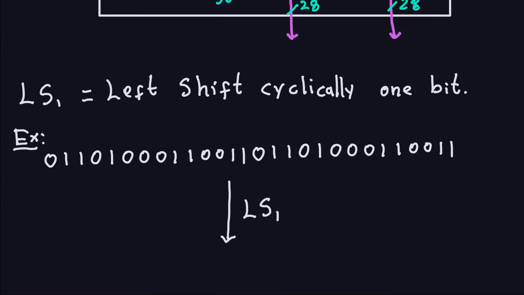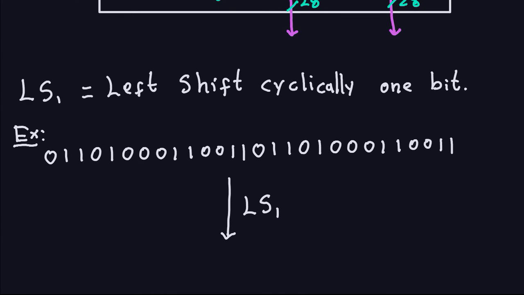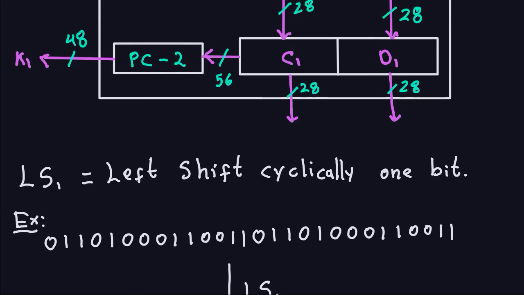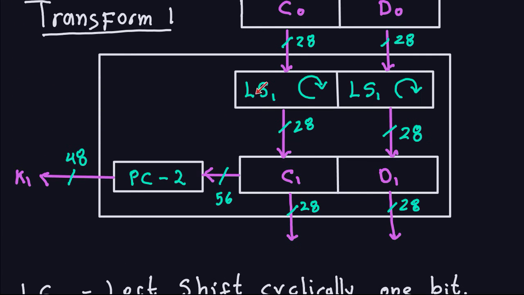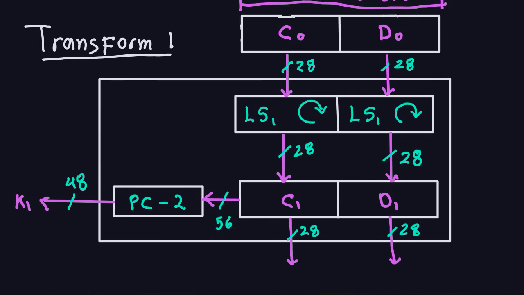Let me give you an example. Some of you might know what this already is, because many programming languages have this kind of operation: left shift, but cyclic. Okay, so let's look at this example here. Suppose I have this 28-bit block, and the reason I'm using 28 is because the left shifts that are here act on 28-bit blocks.